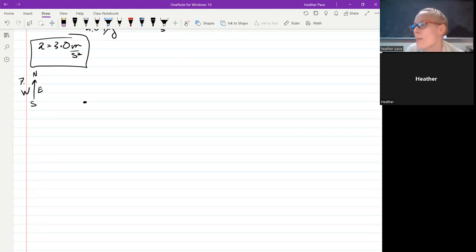Okay, so we've got a force pointing east. So A is 40.